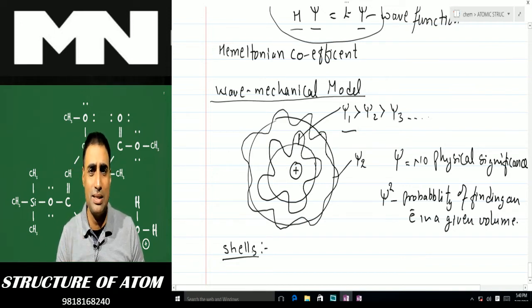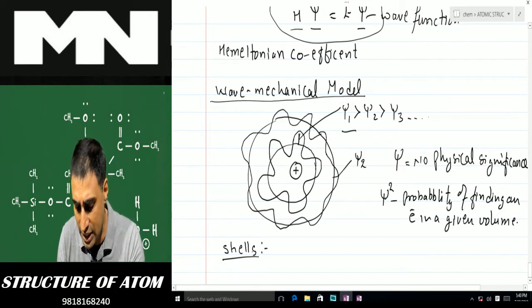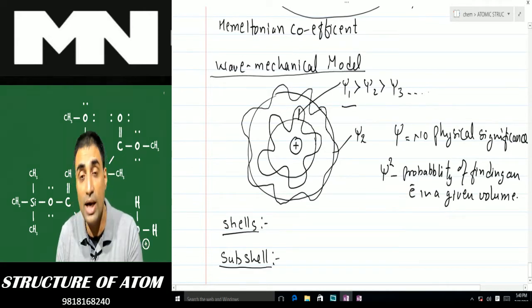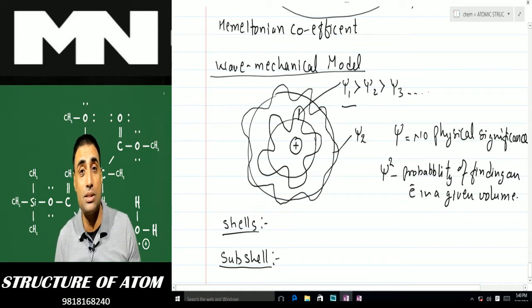Now, the other thing: what is a subshell? A subshell is a three-dimensional space within the shell where the probability of finding an electron is maximum. So a shell is a three-dimensional space around the nucleus where you can have that negative charge.